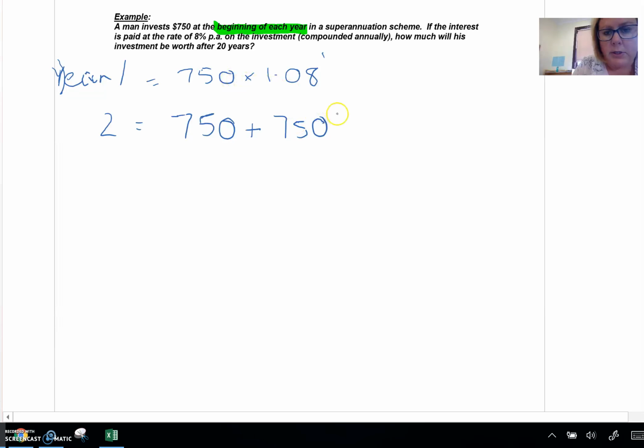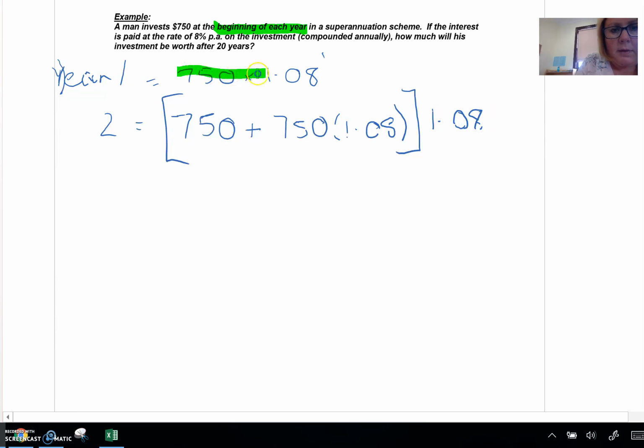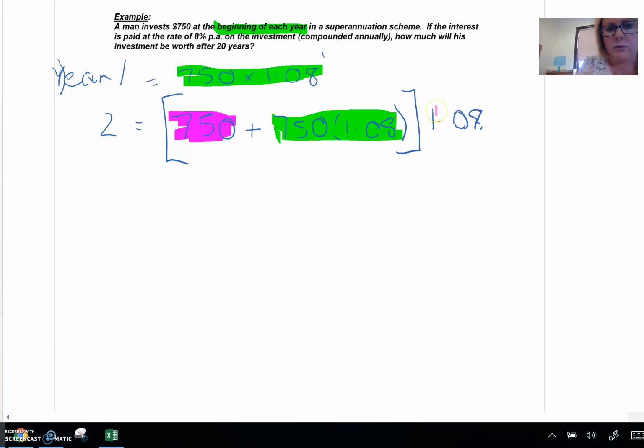He has last year's $750 times 1.08, and that whole lot earns interest. So he's got, this is the first year's, this is the second year's, and they earn interest.